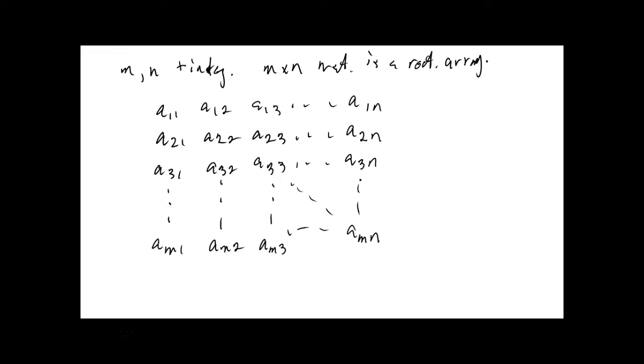Now, in which each entry, Aij, of the matrix is a number, okay, an M by N matrix has M rows, N columns.